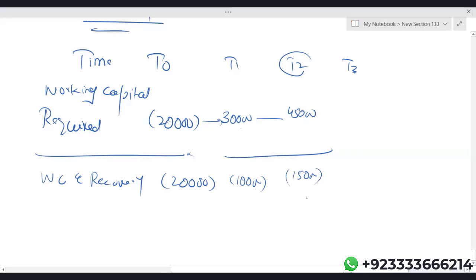Whatever the company has totally invested in the working capital, everything will be recovered. So logically, the total investment is 45,000, and the entire amount will be recovered. Technically, logically, mathematically, the answer must be zero: 20,000 negative, 10,000 negative, 15,000 negative, and then 45,000 positive. Whatever you have invested in the working capital can never be consumed.